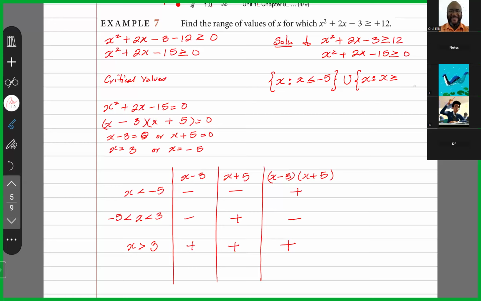So x is less than or equal to minus 5, and x is greater than or equal to 3 are the values of x for which x squared plus 2x minus 3 is greater than or equal to 12.